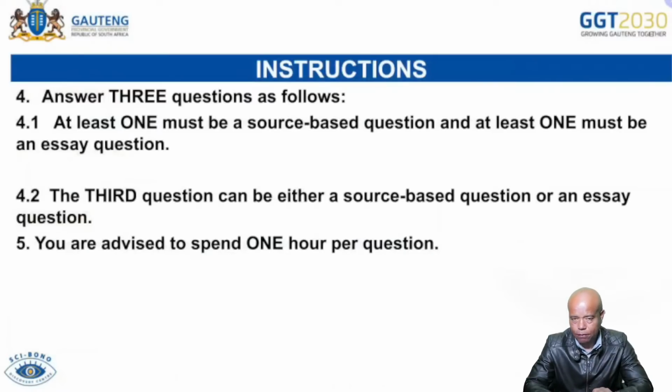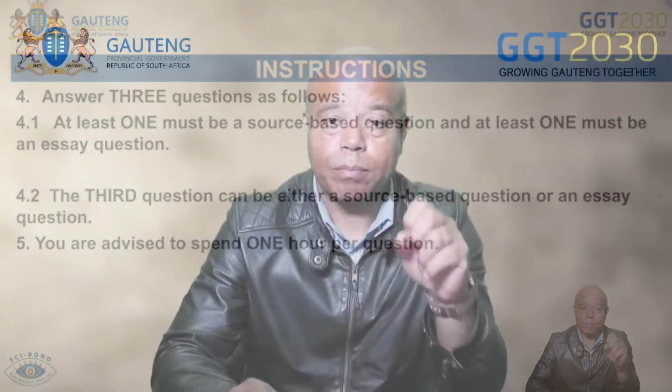Then 4.2 says the third can either be a source or an essay question. So it means 1 source, 2 essays, or 2 sources, 1 essay. Let me repeat again: 2 essays, 1 source, or 2 sources, 1 essay. And that's how you must answer it.